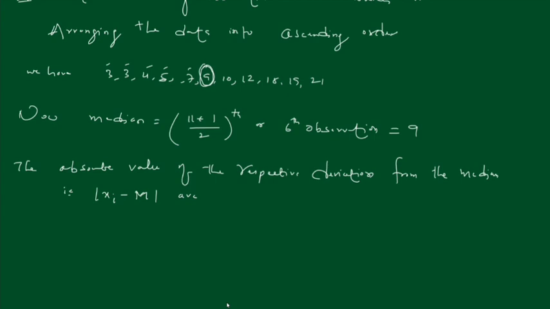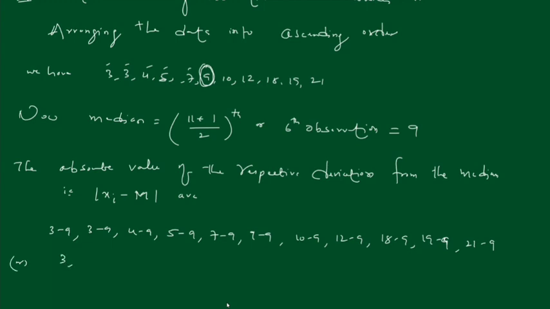What we get here: 3 minus 9, again 3 minus 9, 4 minus 9, 5 minus 9, 7 minus 9, 9 minus 9, 10 minus 9, 12 minus 9, 18 minus 9, 19 minus 9, 21 minus 9. 3 minus 9 is minus 6.